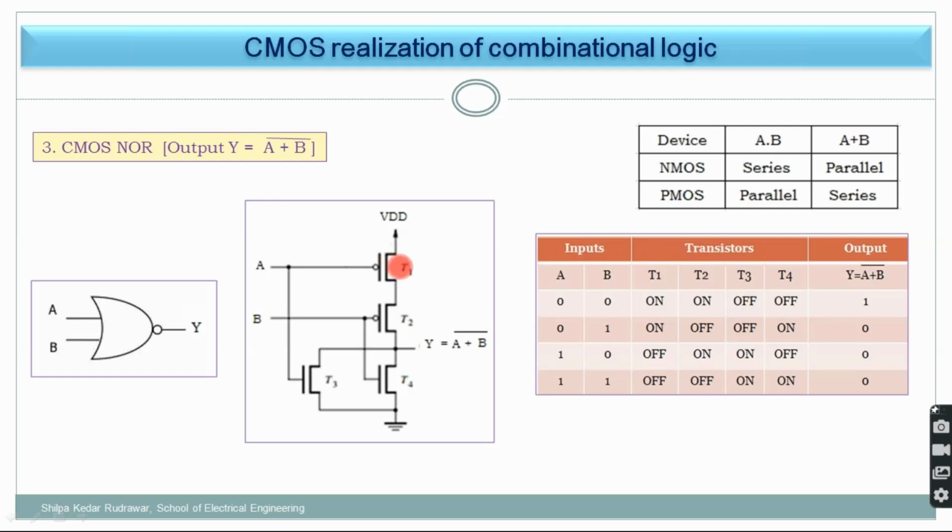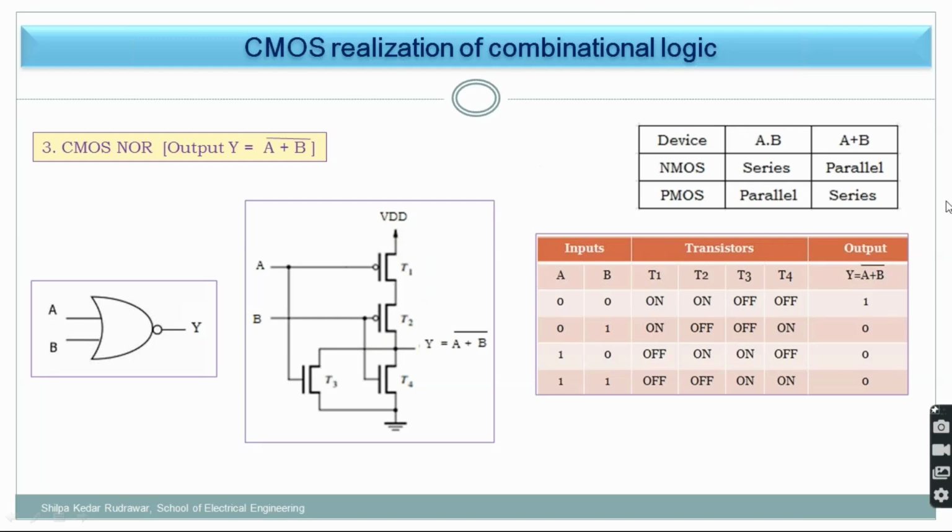Depending upon which devices are turned on and off, there will be a connection and you will get the output, that is either VDD or ground, because all these devices act as switching devices. Only one network, pull-up or pull-down, will be on at a time; both will not be on. This is the functionality of CMOS. I hope this point is clear to you.